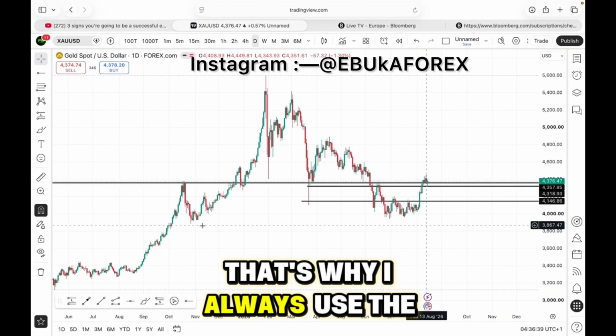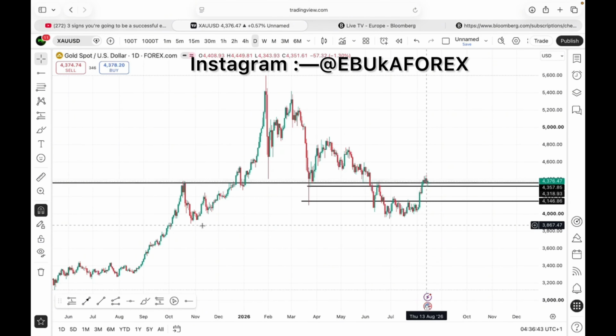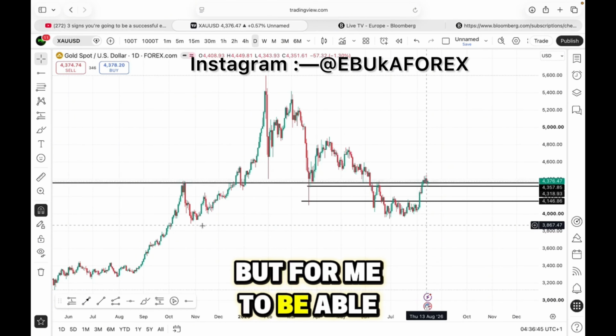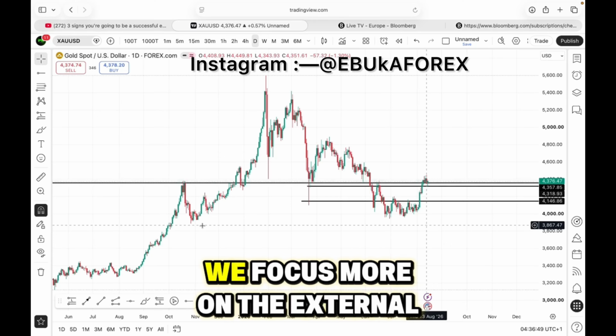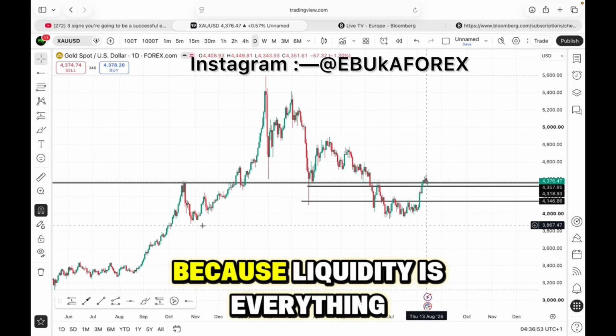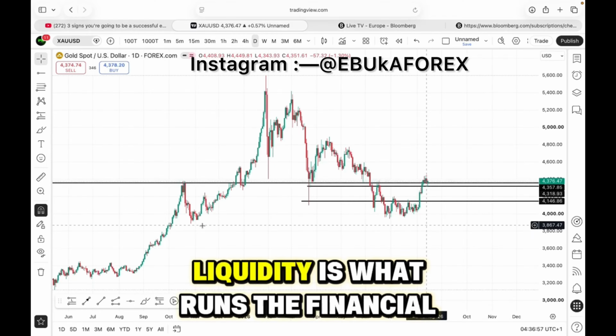That's why I always use the internal liquidity whenever I'm trading. But for me to be able to do the top-down analysis, we focus more on the external liquidity, because liquidity is everything, and that's what you need to understand. Liquidity is what runs the financial market.